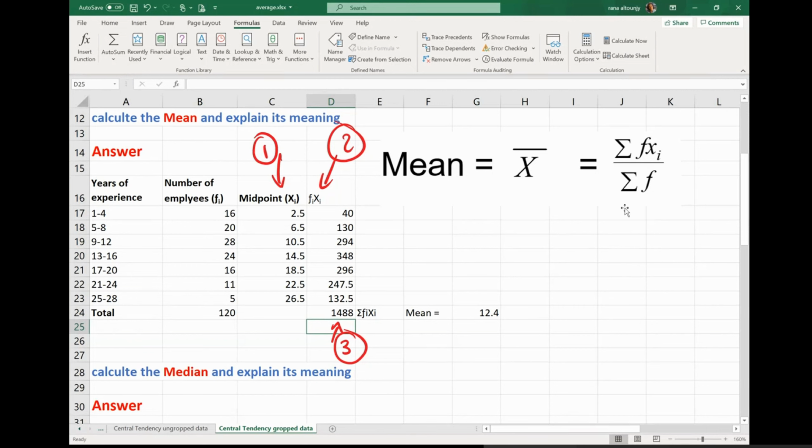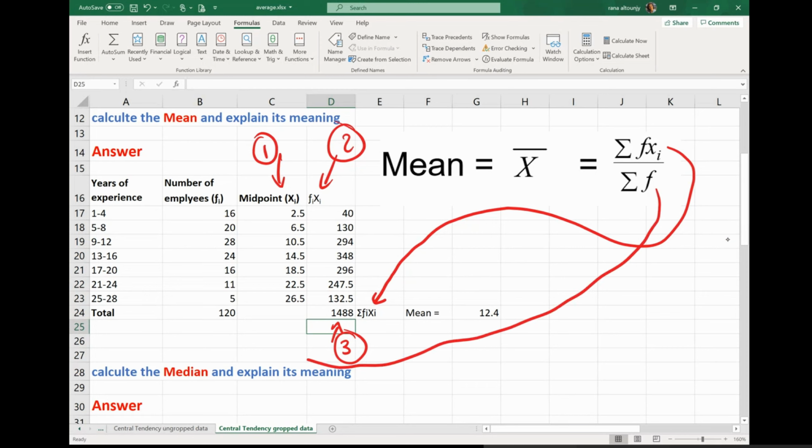Then, to calculate the mean, the first number is this, then the sum of F, which in our example is this one, the sum of frequencies of each category.